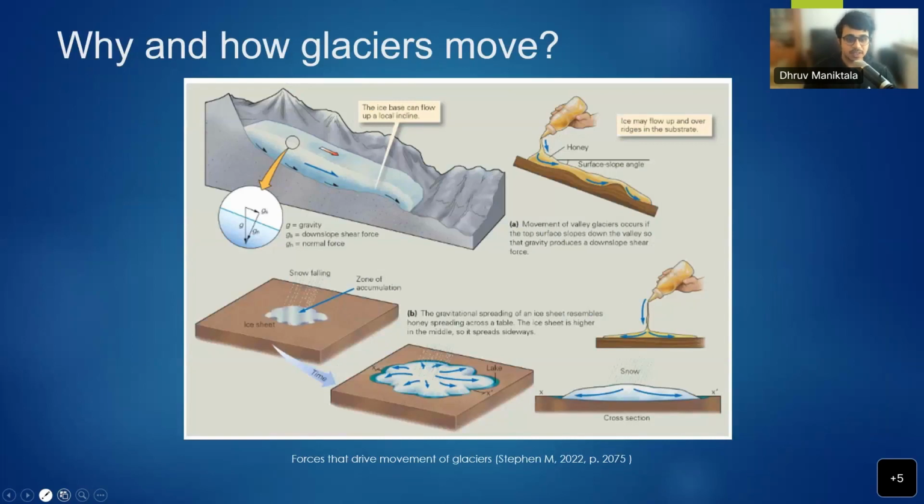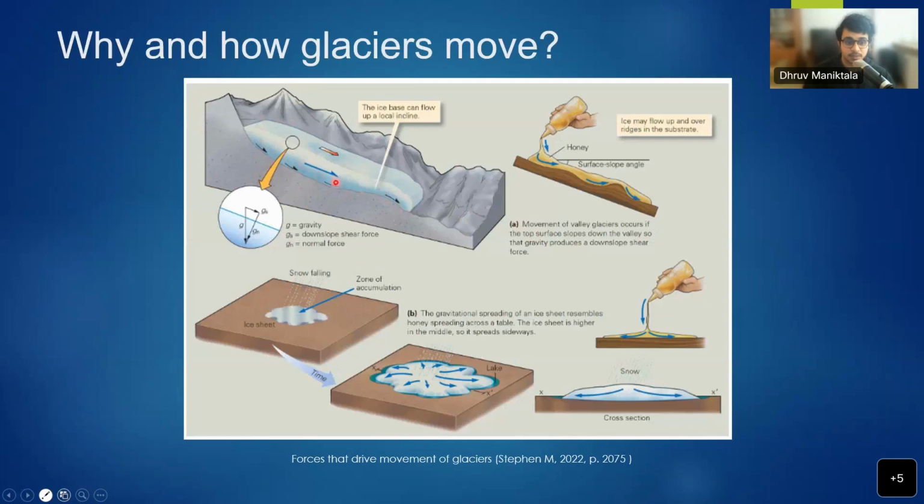So now we will see how and why the glaciers move. I've already mentioned it, but we will look at it again. On the mountains, the glaciers basically form on a sloping region with a gentle slope. Gravity acts, and the mass of the glacier allows it to have some shear movement, and then they start flowing down the valley.